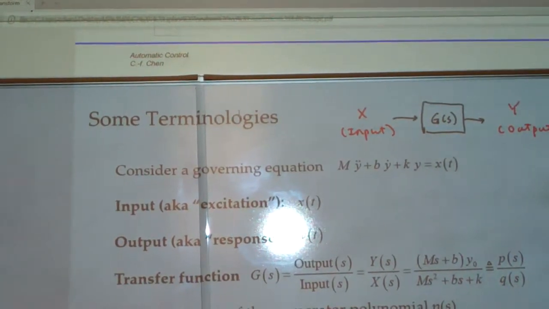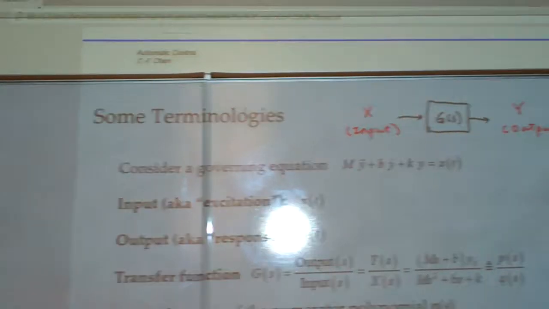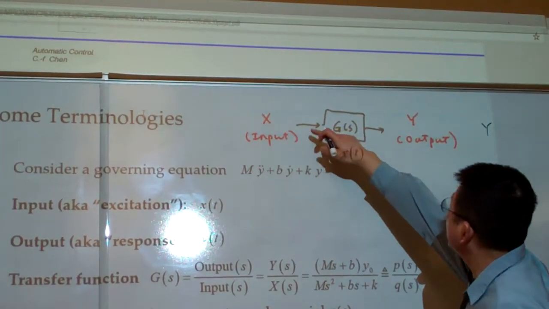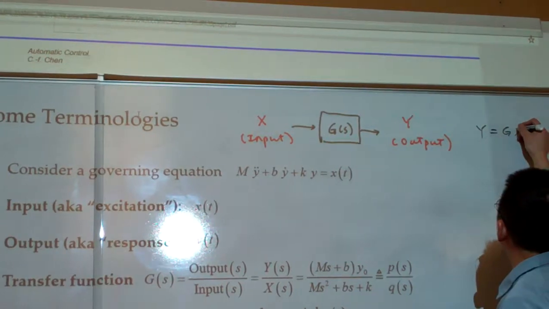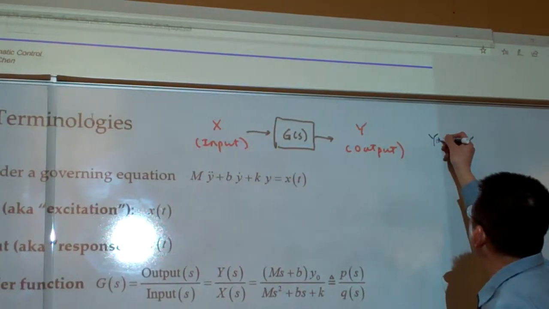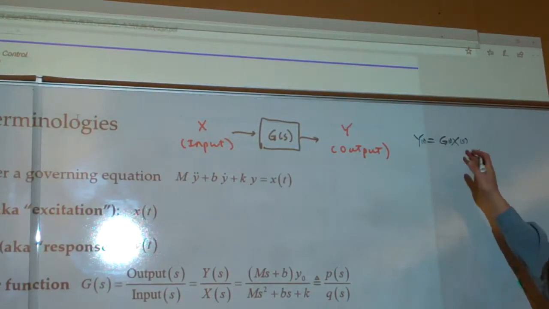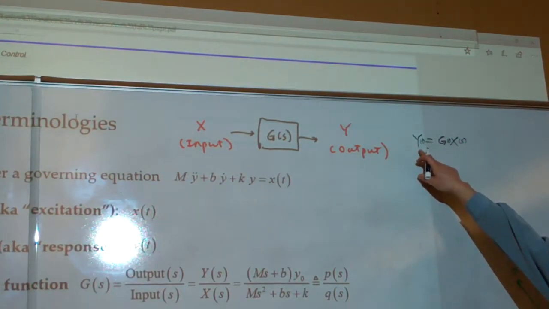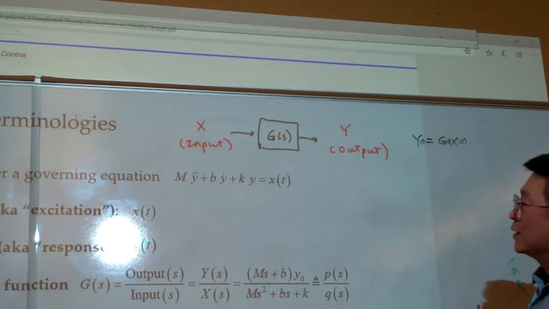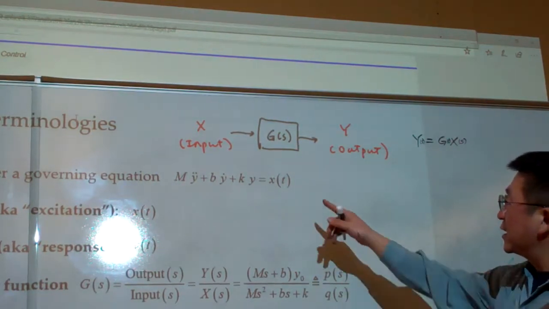So basically, in terms of writing, this is y equal to g times x. Here, if you like, you can keep the function of x there, but usually for simplicity, we simply write y equal to gx. Okay, so consider this example here.